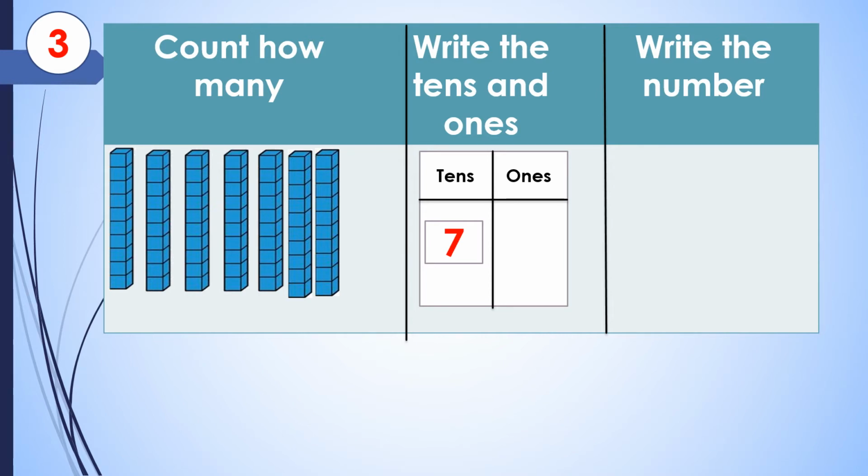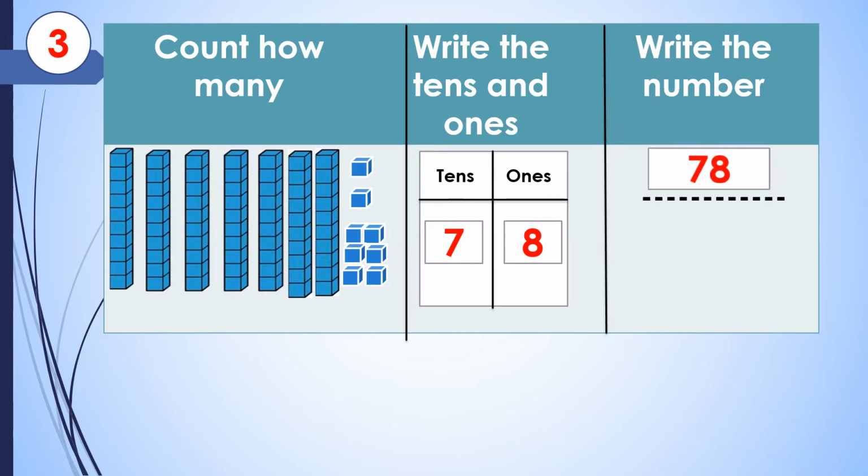How many ones are there? 1, 2, 3, 4, 5, 6, 7, 8. How many ones? 8. How do we read it? 78.